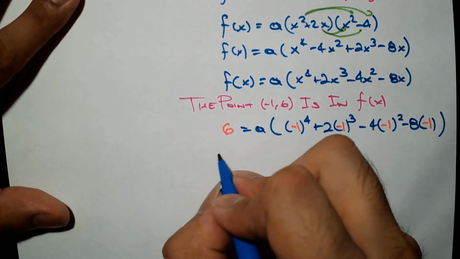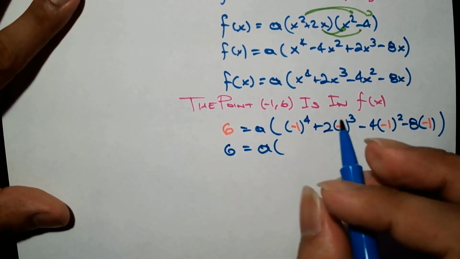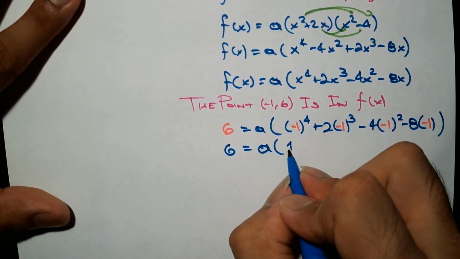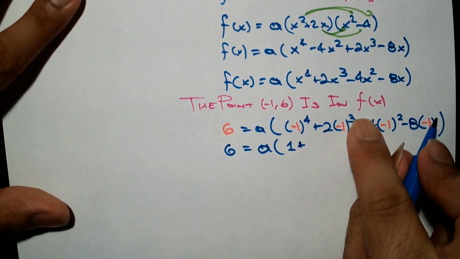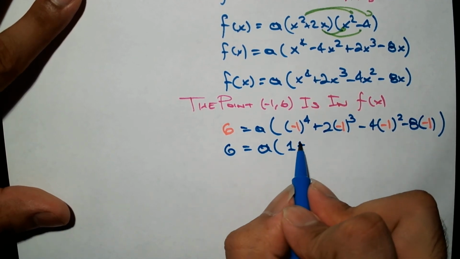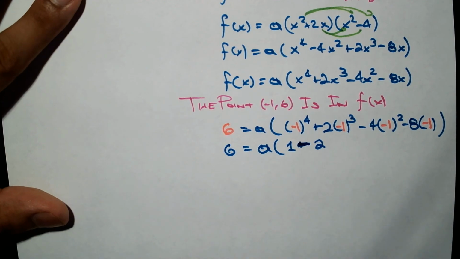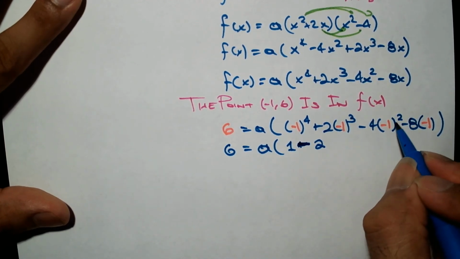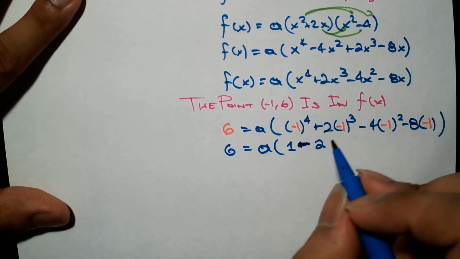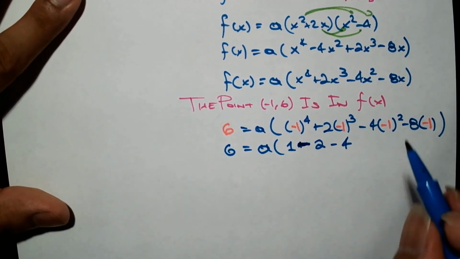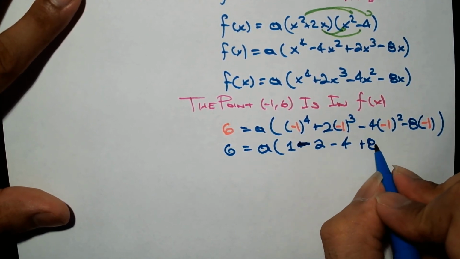Let's simplify this. So this is 6 equals a times negative 1 to the 4th power, that is an even power, turns into positive, plus negative 1 cubed, that's going to be negative. Negative 1 times 2, that's negative 2. Now negative 1 squared, it's positive 1. But positive 1 times negative 4 is going to be negative 4. And then negative 8 times negative 1, that's going to be positive 8.